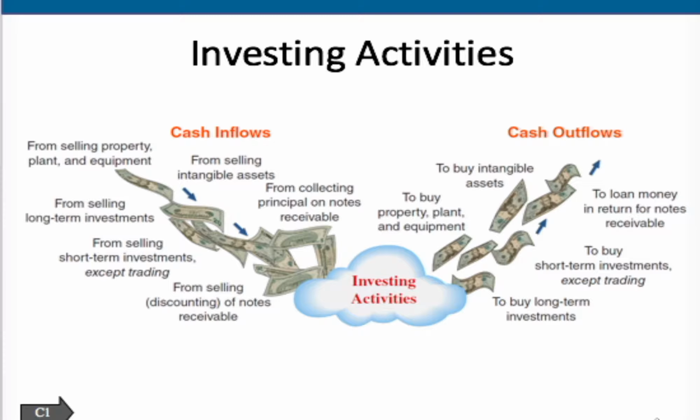This slide lists examples of cash flows from investing activities. Cash from collecting the principal amounts of notes that result from a loan to another party are classified as investing activities. However, the FASB requires that the collection of interest on notes be reported as an operating activity. Also, if a note results from sales to customers, it would be classified as operating.